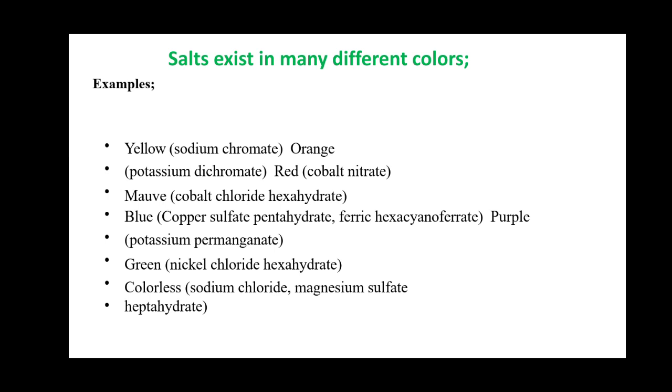As an example, sodium chromate is yellow or orange, and potassium dichromate is red, and blue ones are copper sulfate pentahydrate or ferric hexacyanoferrate, the purple is potassium permanganate, and the green is nickel chloride hexahydrate. So colorless ones are sodium chloride and magnesium sulfate.